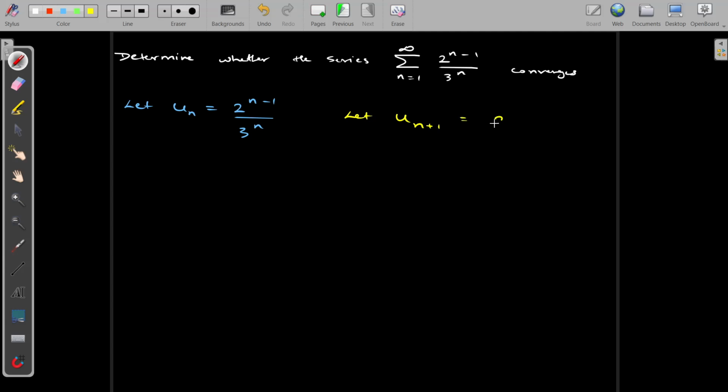So that's going to be 2 to the n plus 1 minus 1 over 3 to the n plus 1. So up here it's just 2 to the n over 3 to the n plus 1. Following?